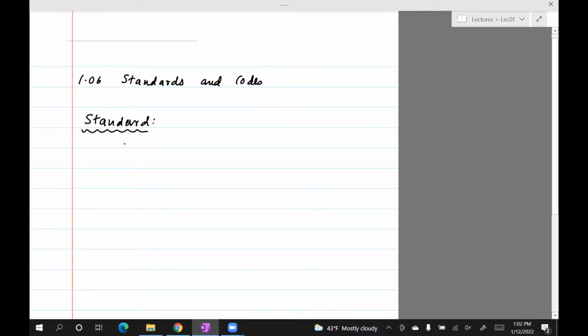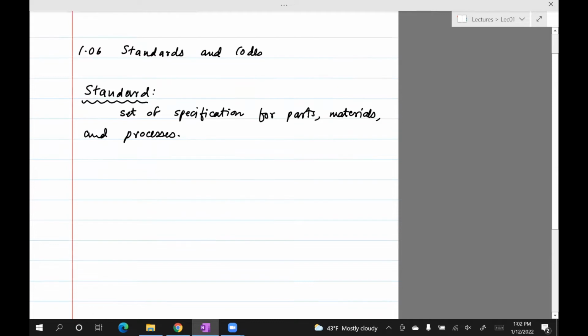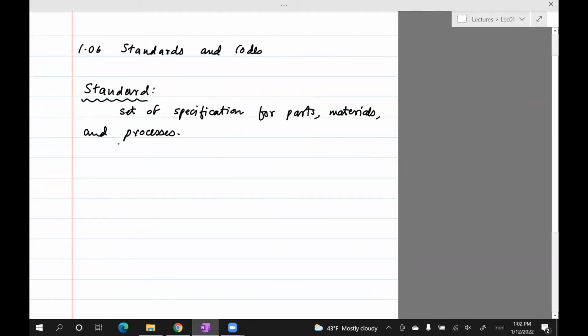So, a set of specifications for parts, materials, and also processes. The reason why we do that is to reduce variability.